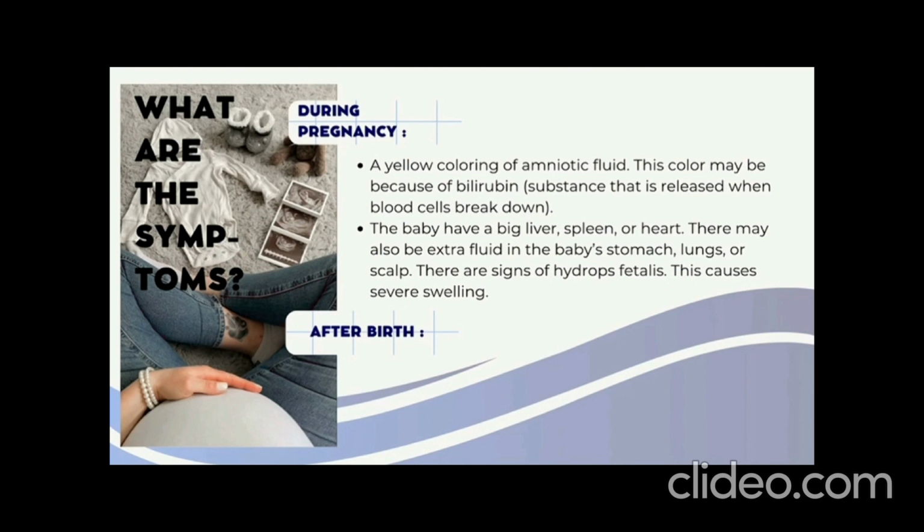There may also be extra fluid in the baby's stomach, lung, or scalp. There are signs of hydrops fetalis, which causes severe swelling. The symptoms after birth are jaundice, anemia, and lack of energy.